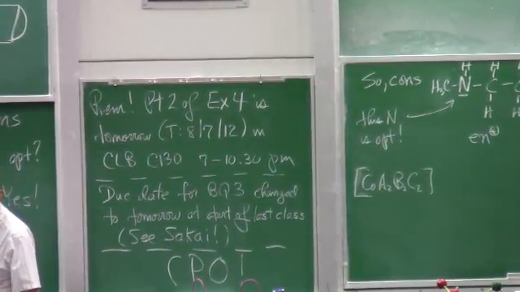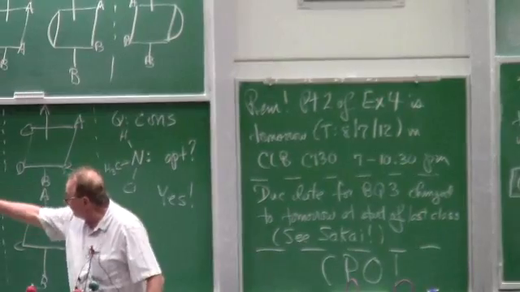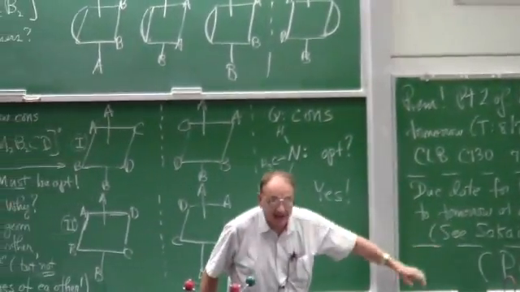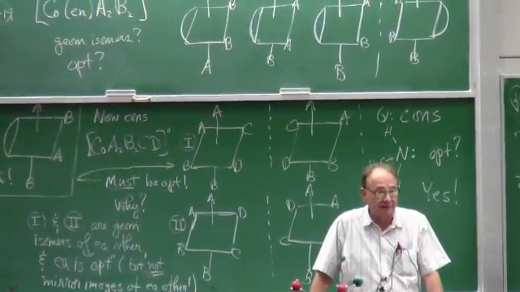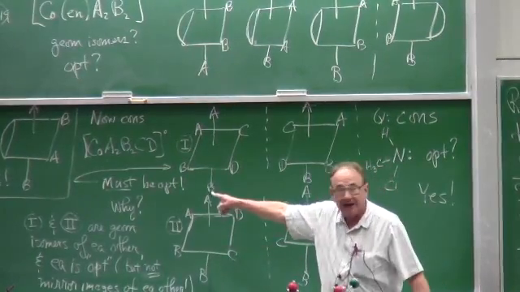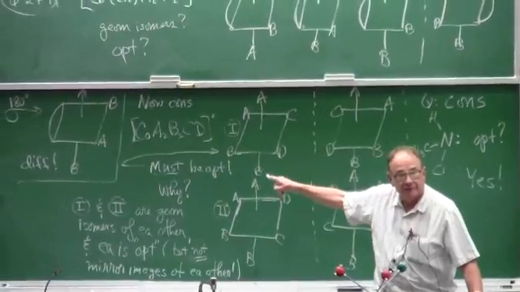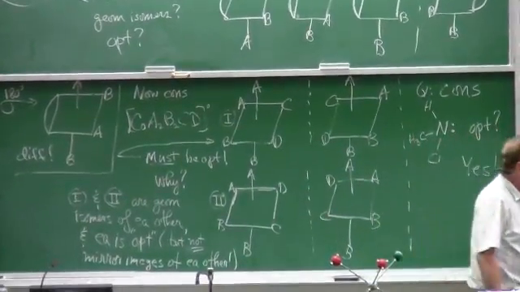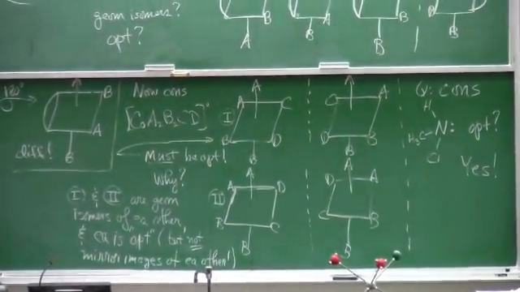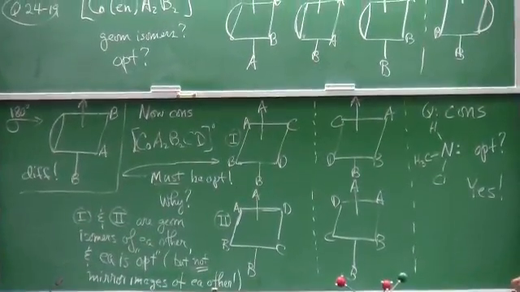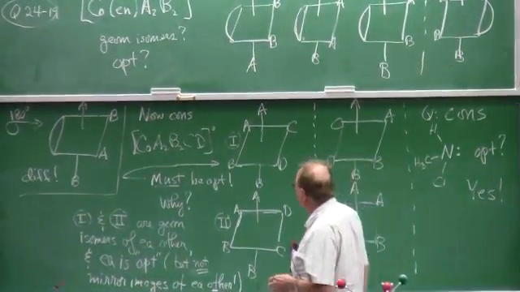Which one is of lower symmetry? This one. So if that thing is optically active for the least symmetric isomer, this has got to be optically active, because the least symmetric isomer of this has lower symmetry than the least symmetric isomer of that. Now let's draw some pictures.